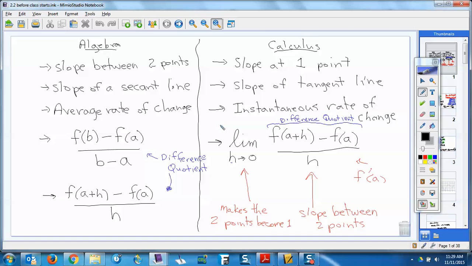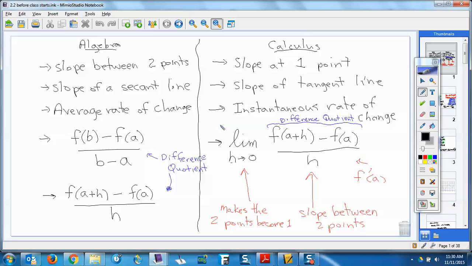Sometimes in problems that work out nicely, we can just put a 0 in for h and see what it is, but we wouldn't have to. We even did that spreadsheet. I think Aaron was the presenter that day. We could see that those slope values in that column were getting closer and closer to like 2 or something, whatever it was.